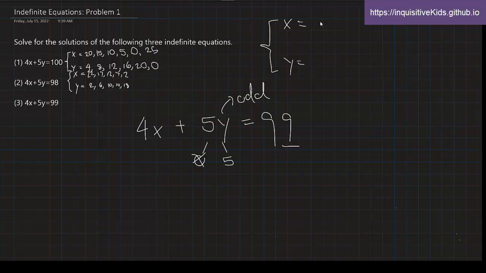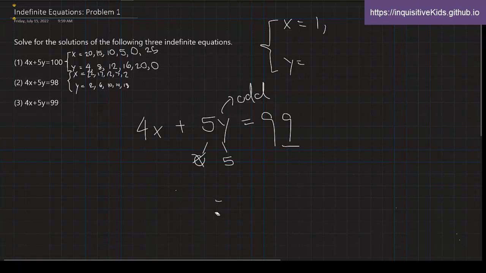Okay, so if y is equal to 1, right, that's our first odd number, then 1 times 5 is equal to 5. 99 minus 5 is equal to 94. And is 94 a multiple of 4? Let's check. So this is 9 divided by 4, it has a remainder of 1, and it is not a multiple of 4.